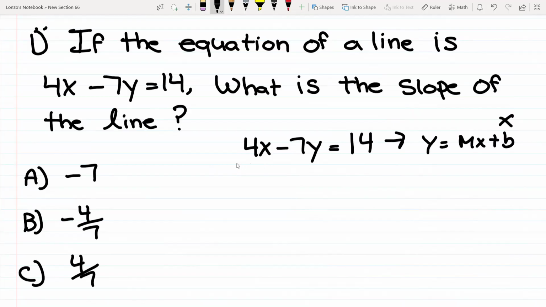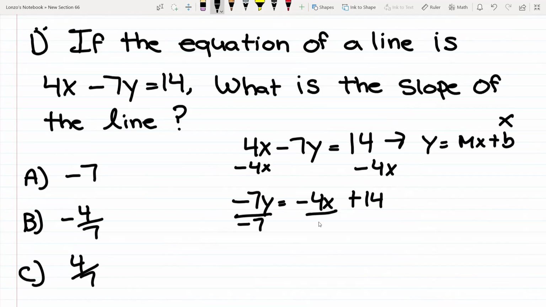So all we got to do is solve for y. First I'm gonna subtract 4x from both sides. I get negative 7y equals negative 4x plus 14. And then solve for y by dividing everything by negative 7, right?